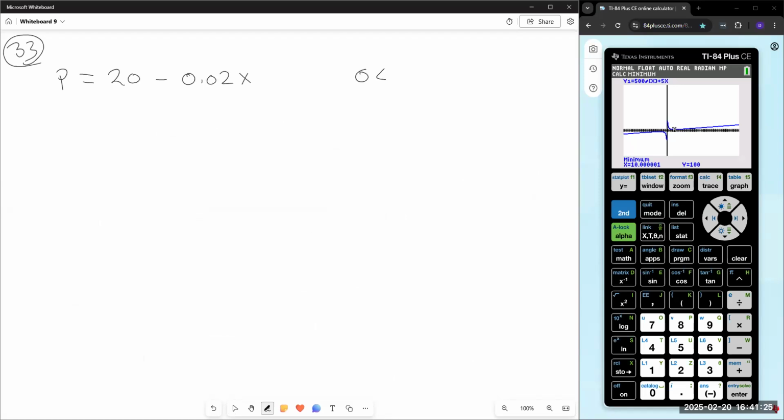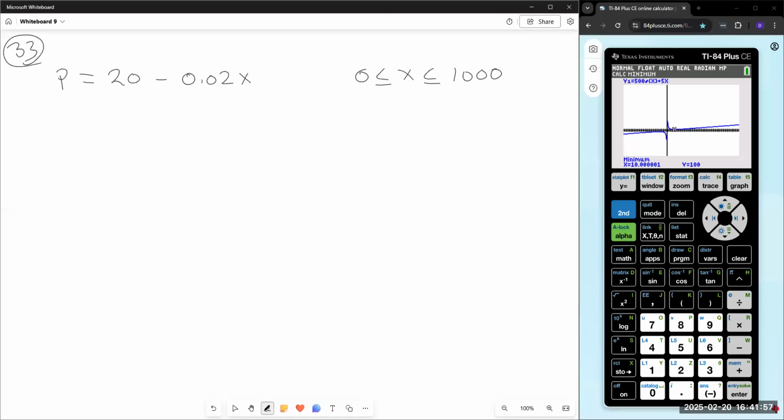And we're given the restriction here that x has to be between 0 and 1,000 units. And that's just simply because after 1,000 units, our price becomes negative, and that doesn't happen. So we don't want our price to go below $0. That restricts us to be between 0 and 1,000 units there.